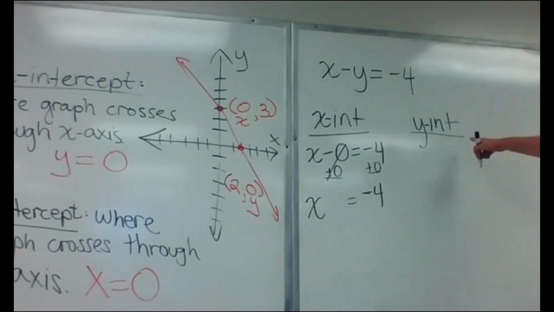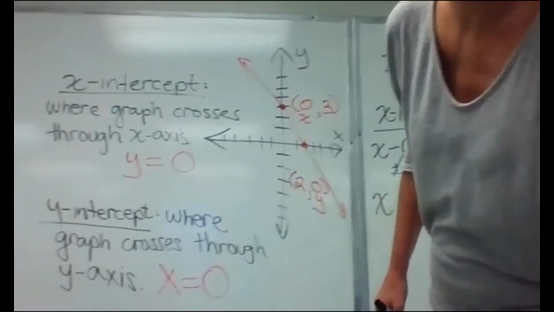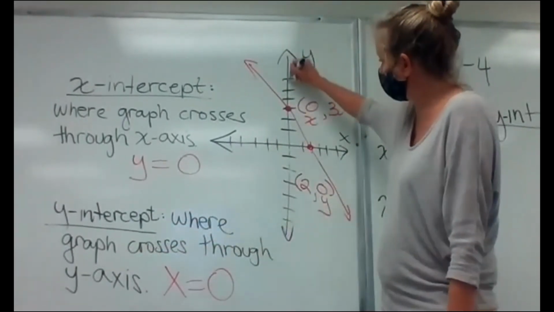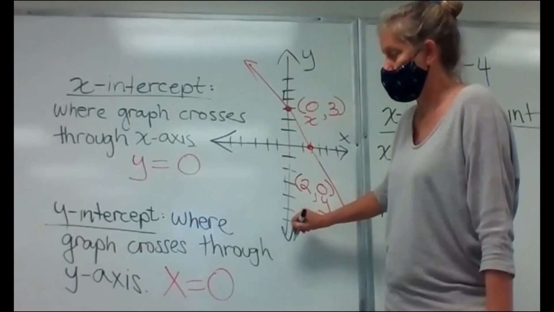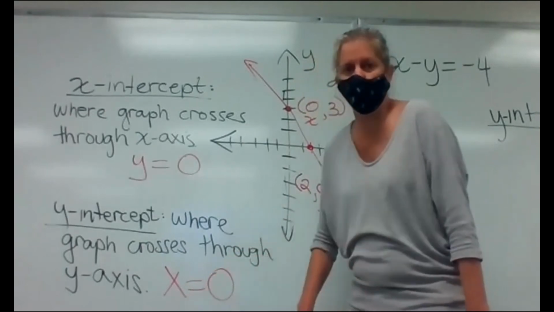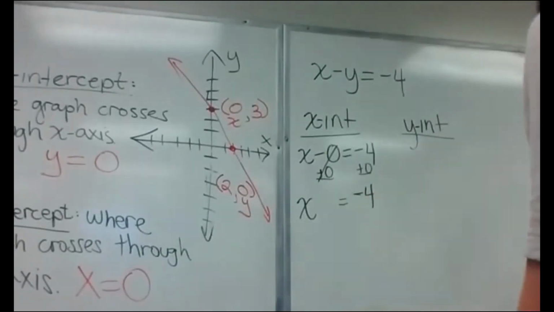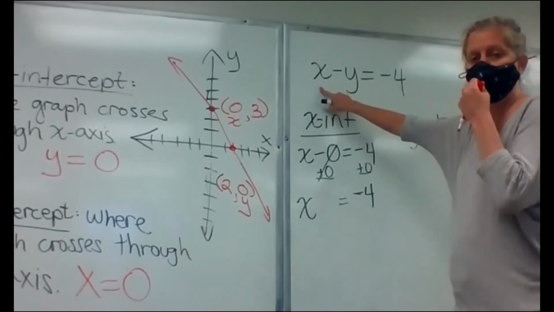Let's find the y-intercept. What do I know about the y-intercept? Well, I know it's where the graph crosses through the y-axis. I also know that it's where x equals 0. So that's exactly what you're going to tell this equation, that you want x to be 0 this time.